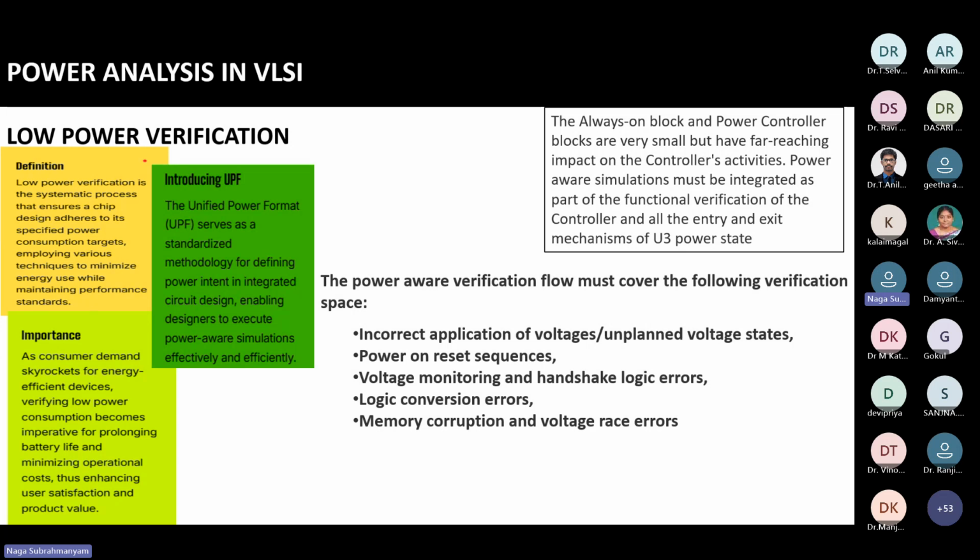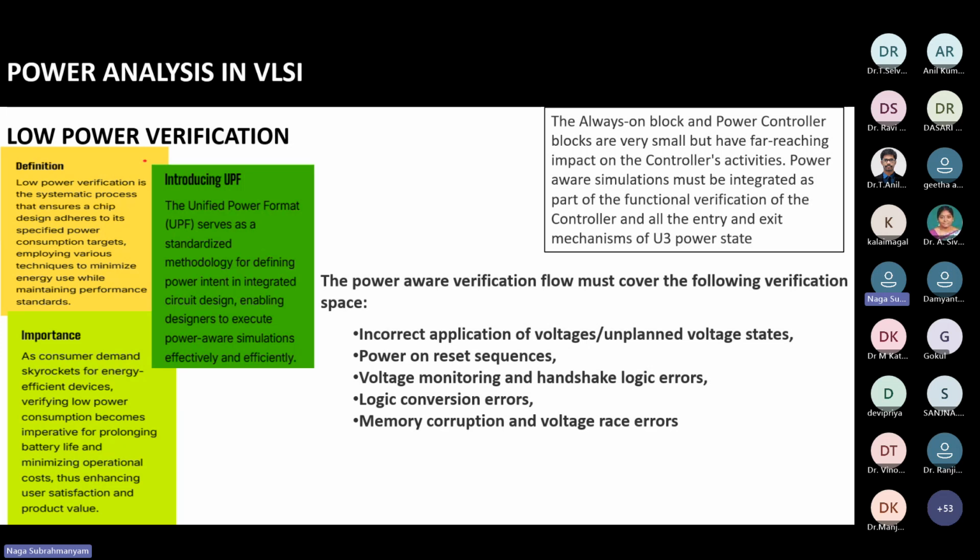Low power verification is the systematic process that ensures a chip design adheres to its specified power consumption targets, employing various techniques to minimize energy while maintaining performance standards. Okay, and the importance of this verification: as consumer demand skyrockets for energy efficient devices, verifying low power consumption becomes imperative for prolonging battery life and minimizing operational costs, thus enhancing user satisfaction and product value.